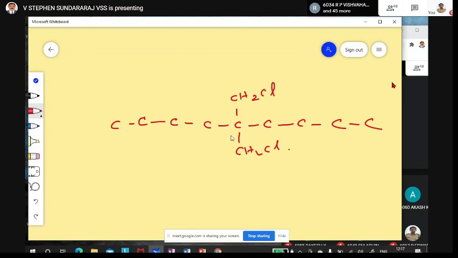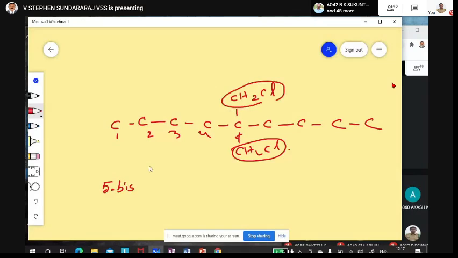In this case, this is the 1, 2, 3, 4, 5, fifth carbon atom. So in the fifth carbon atom you get 2 times the same substituent, so bis, but what is that? Chloromethyl, because it is a complex substituent.